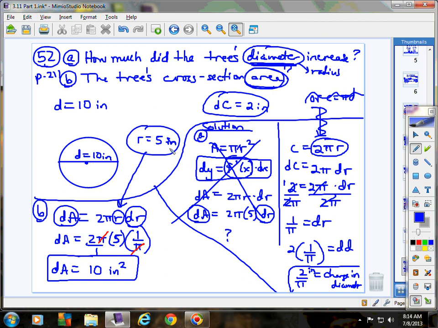Now, even if you didn't know a radius, just totally outside of this problem, if you went out and measured the circumference of the tree, you could put that in here, divide whatever the circumference is by 2 pi, and then you can get the radius of the tree without having to cut the tree down, right? For any given circle. So there's the change in the diameter, and there's the change in the area. That finishes up 3.11.